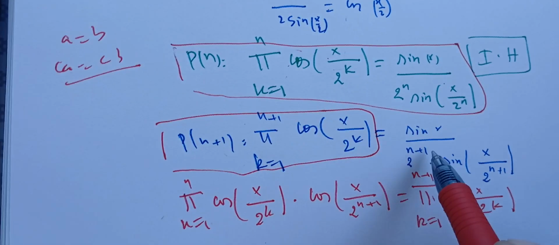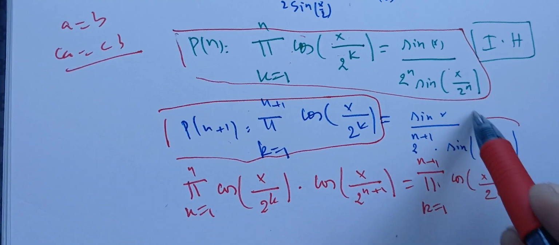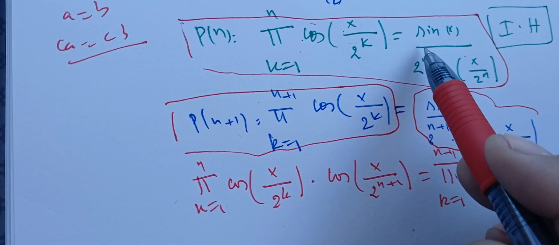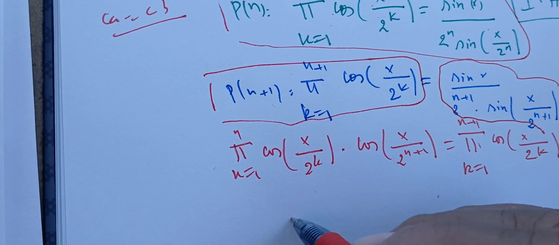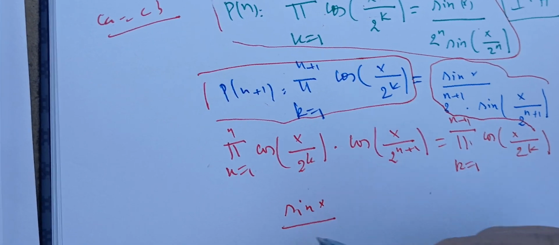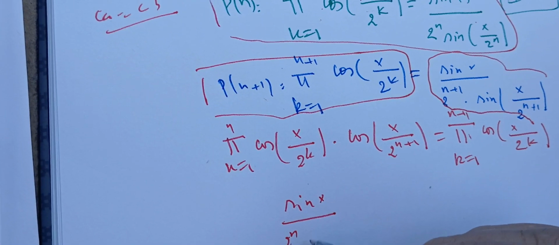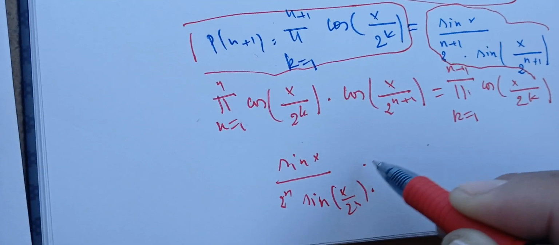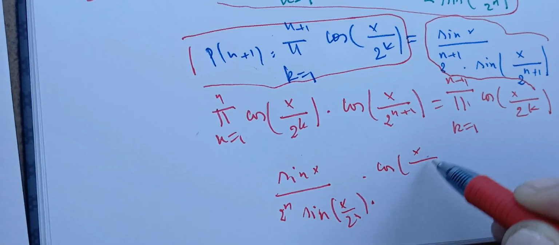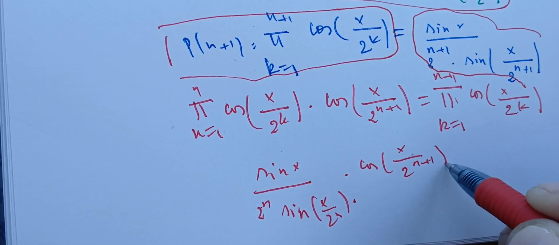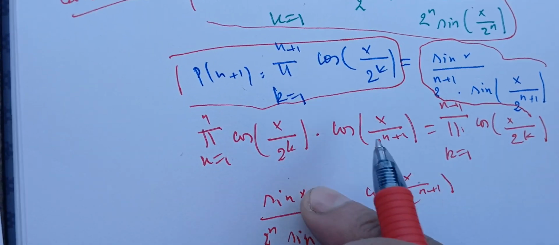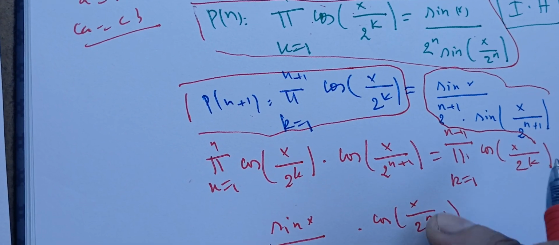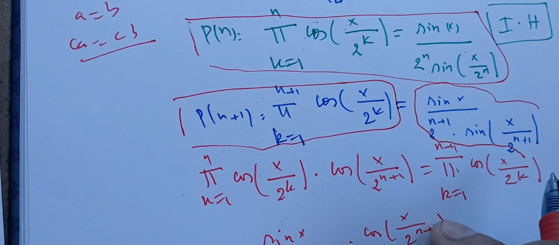Now we need to prove that the right side can be written in this way. So we have the induction hypothesis, sine x over 2^n sine of x over 2^n, times the cosine of x over 2^(n+1), because we multiplied everything by the cosine of x over 2^(n+1).